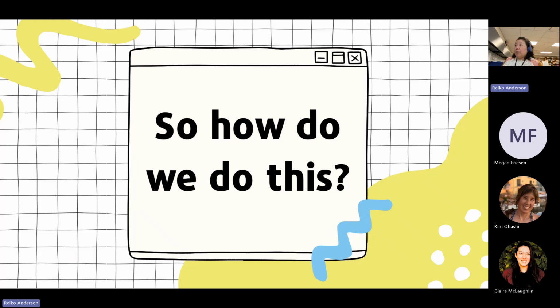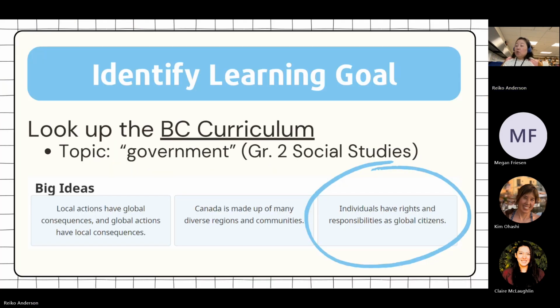This is an example that I'm taking from an actual student that I used to work with. You'll see a chicken scratch thing that I drew with his LST, and that actually happened the day of. Okay, so first things first, we need to identify the learning goal.